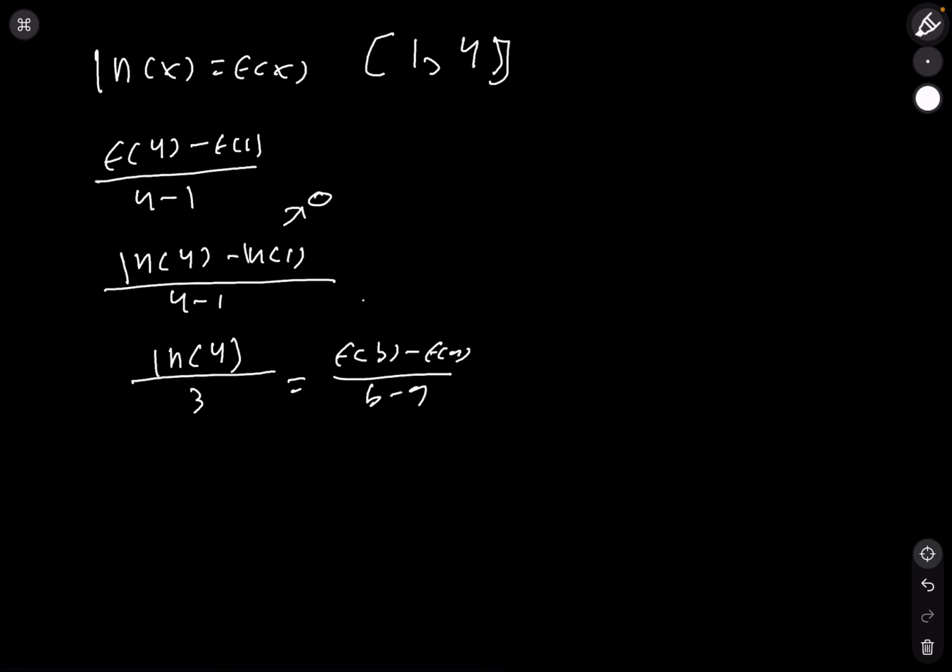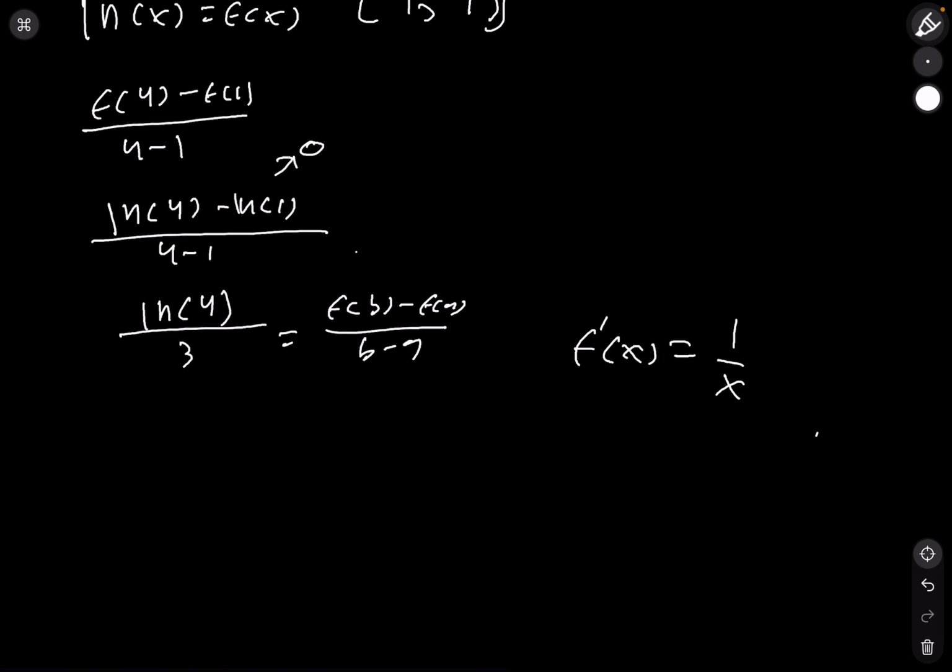So now we just have to find the derivative of f of x. Essentially the derivative of natural log of x is just equal to 1 over x. And I have no idea how to prove it. I can prove a bunch of other ones, but it makes sense to an extent, though I don't really know for real. But anyway, you just set up the derivative of natural log of x, so it'll be 1 over x is equal to natural log of 4 over 3.